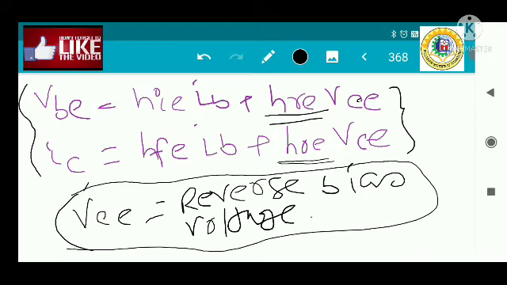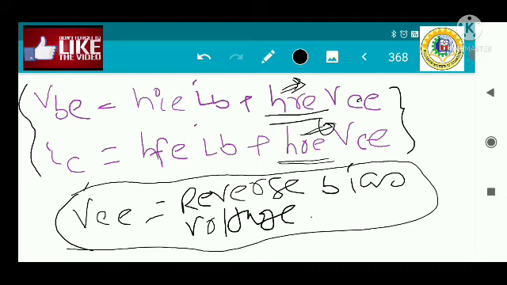Now this reverse bias voltage is actually responsible for the early effect. Okay, now if we just ignore the early effect, then we can ignore this HRE and HOE. In the question it is said that you can ignore the early effect, then you can ignore these two parameters, HRE and HOE.